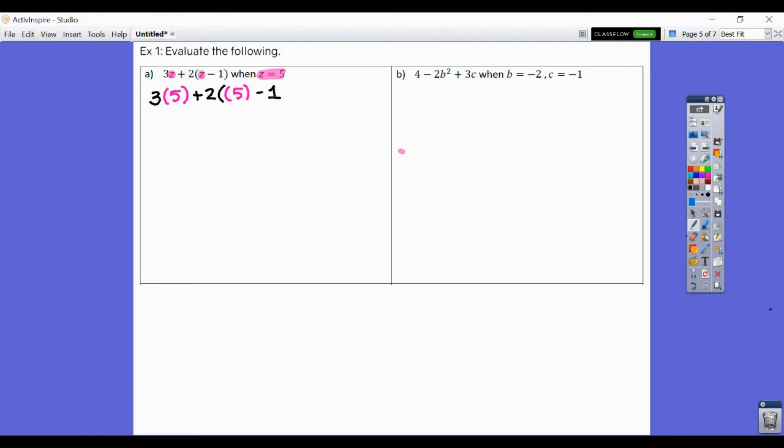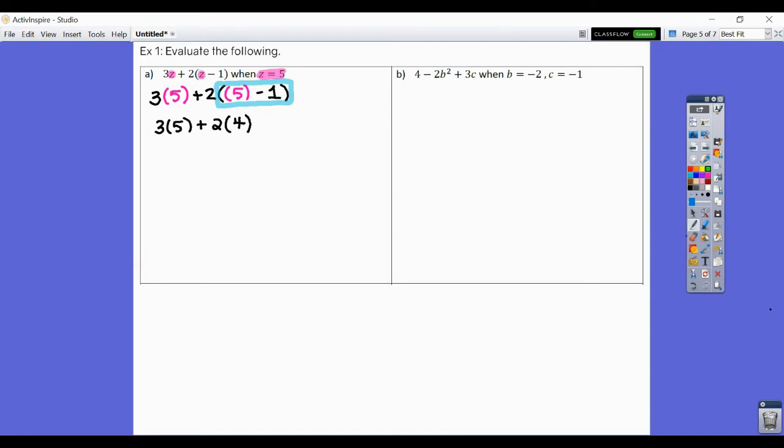Now we go to our order of operations, step number 2. Always, always, always want to solve and get one number inside my parentheses first. So I subtract 1 from that 5. 3 times 5 I will keep. I did nothing with that yet, but I transitioned 5 minus 1 to a 4 now.